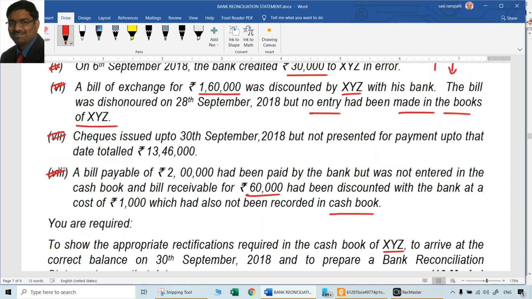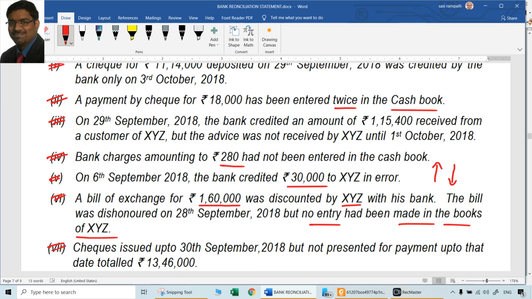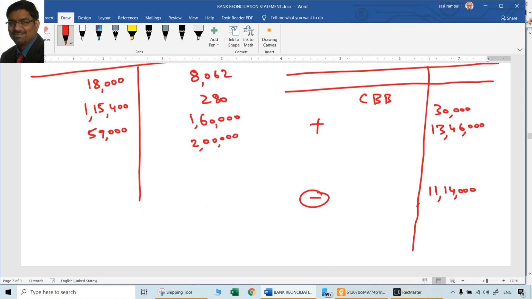So these are the various items which we already entered in the revised cash book, and accordingly we can also prepare the bank reconciliation statement. So let us look at the totals first. 2 lakhs plus 160 plus 280 plus 8062 minus 115,400 minus 59,000 minus 18,000 means 1,75,942 is the correct overdraft balance actually.